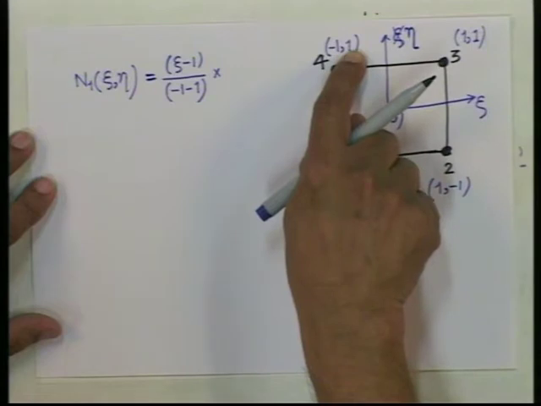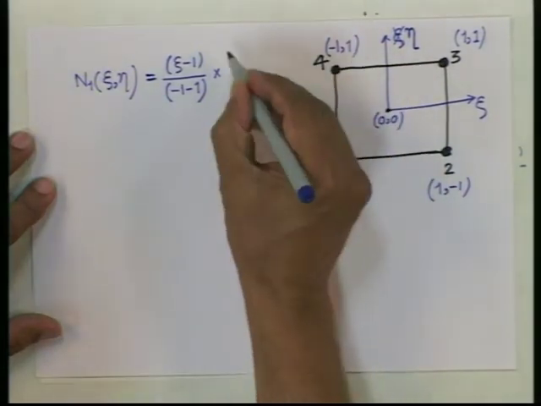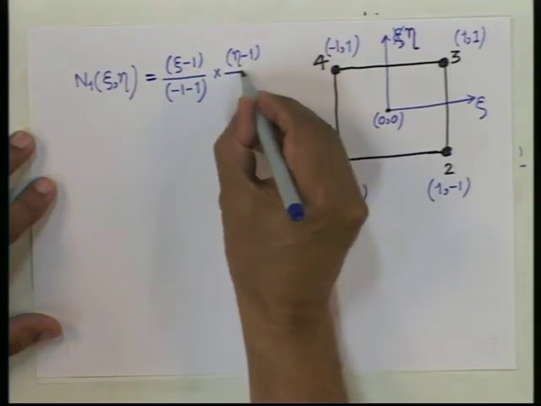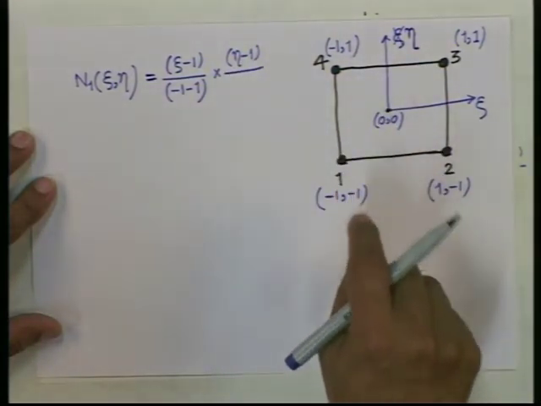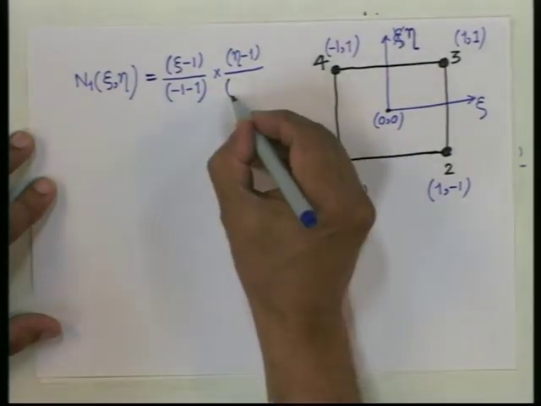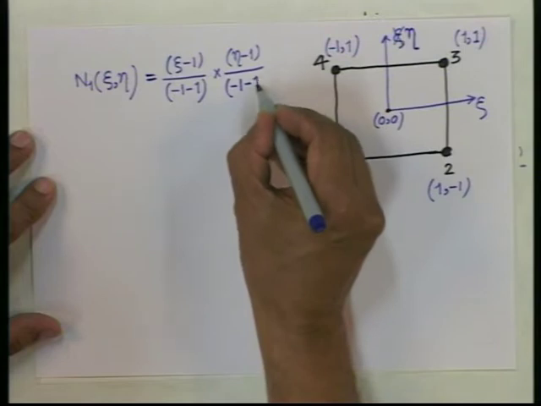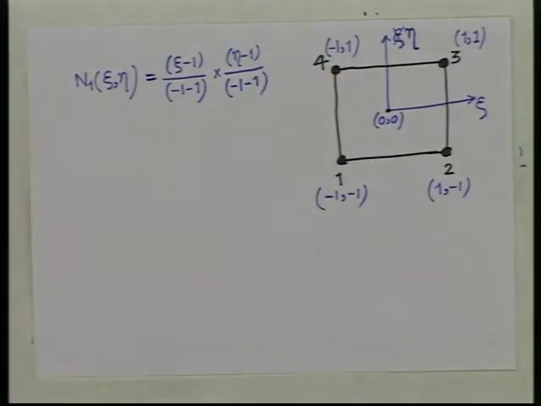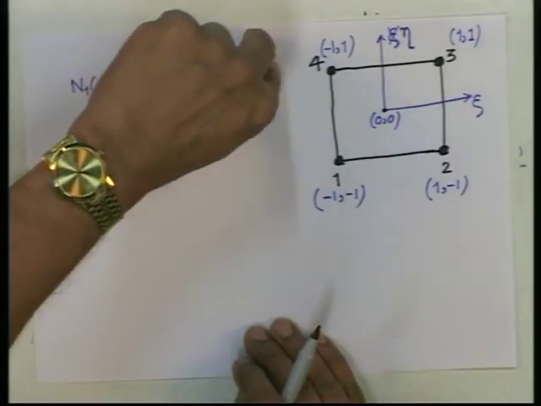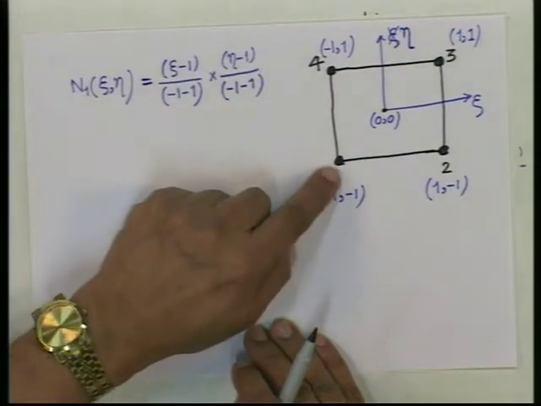The eta value is plus 1. So, eta minus 1, divided by, what is the value of eta here? Minus 1. So, minus 1, again minus 1. So, this is the shape function in psi direction, and this is the shape function in eta direction for this node, and the product of the 2 gives the shape function.